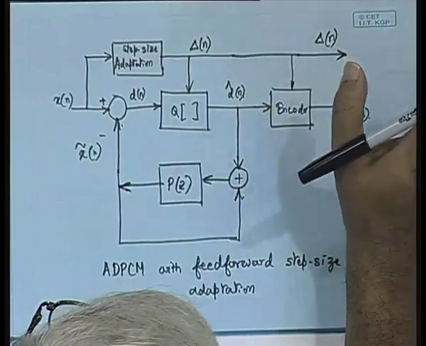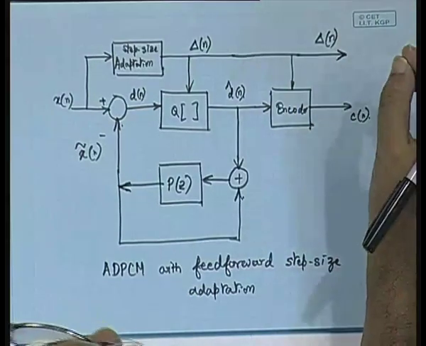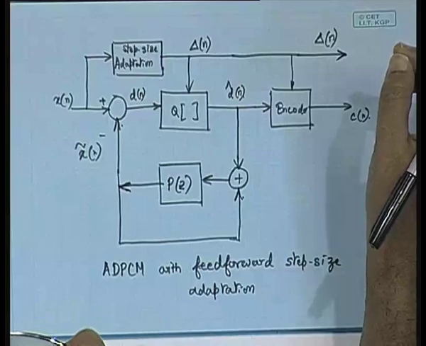So, which means, if we draw the corresponding decoder, then at the decoder input we call that delta prime n, and this C prime n. Now, if there is an error in C prime n in one of the samples, it really does not create much of a problem. Okay.